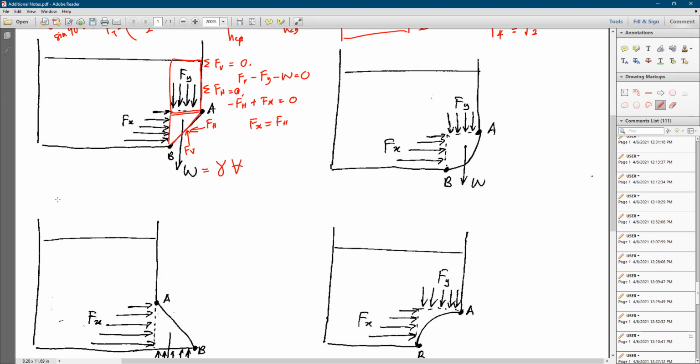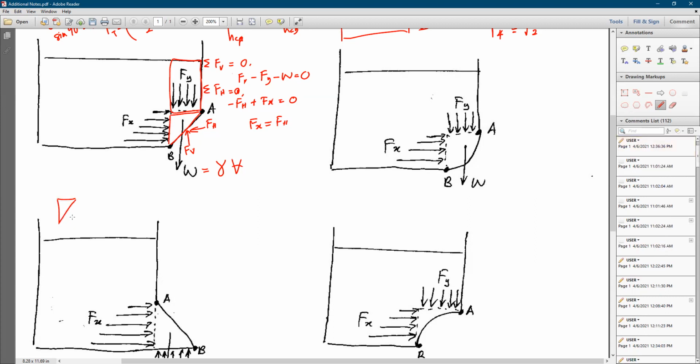If I try to redraw, the shape would be more or less like this. It is quite hard for me to draw it properly; my drawing is not that good. Something like this.